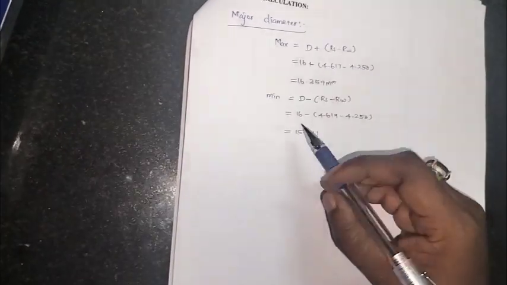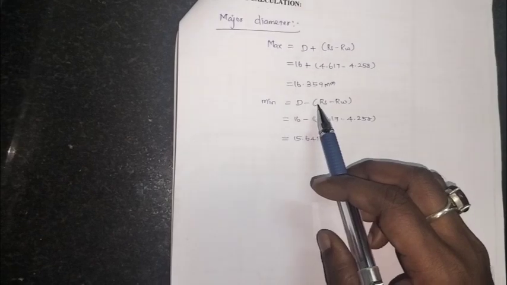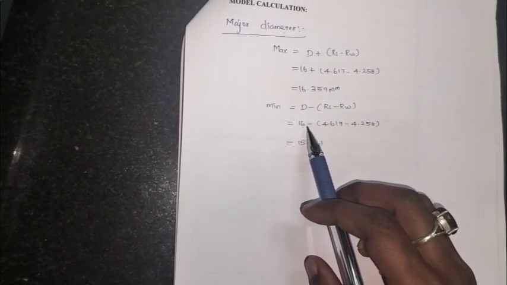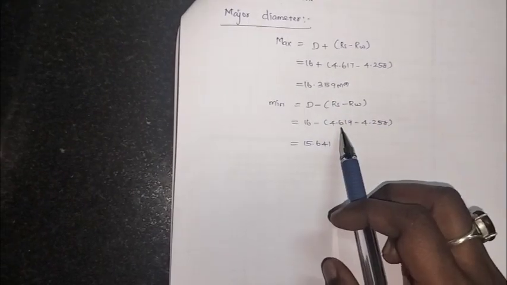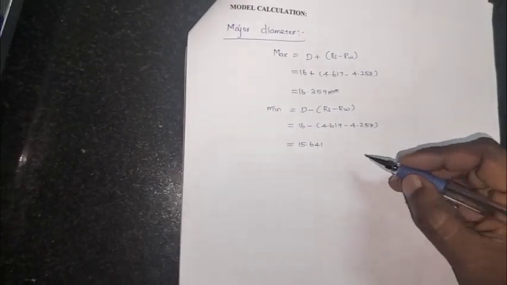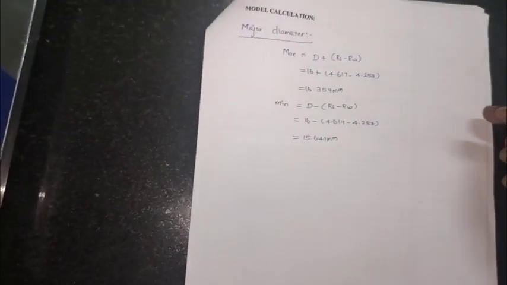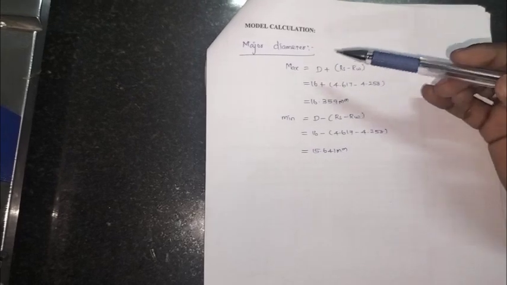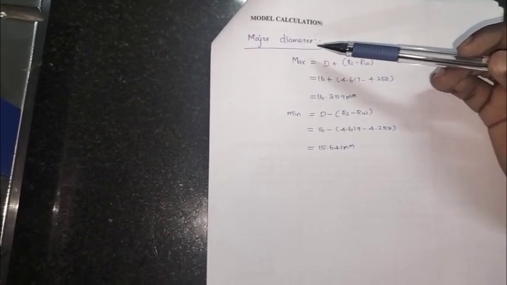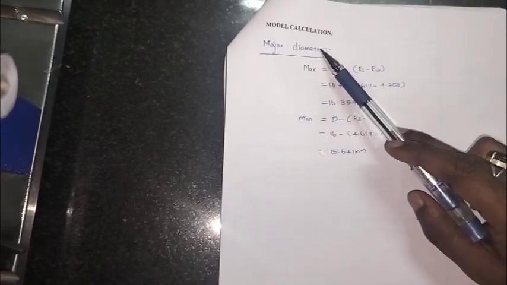Another one is the minimum diameter, calculated as d minus rs minus rw: 16 minus 4.617 minus 4.258, so 15.649 is the minimum diameter. This is the value to be collected in the three-wire method with the floating carriage micrometer for the major diameter only.